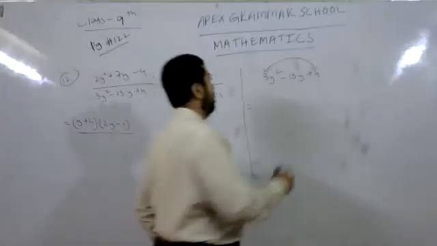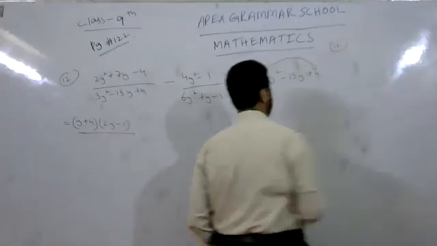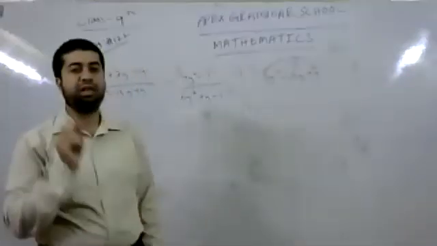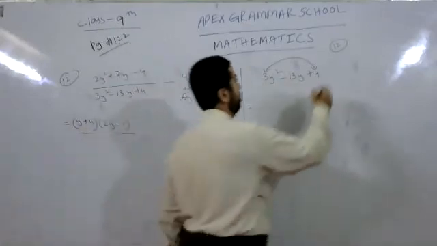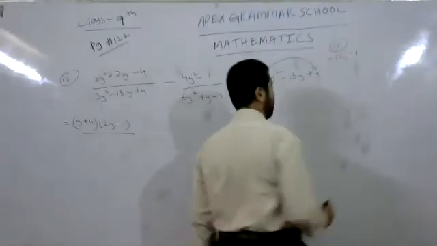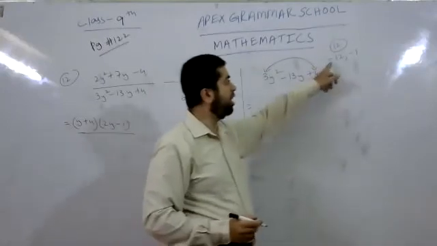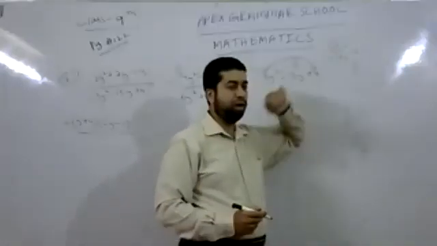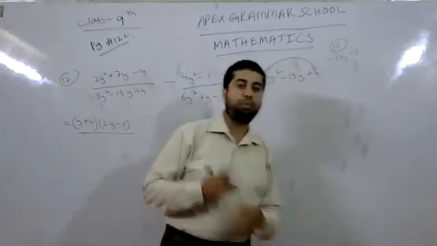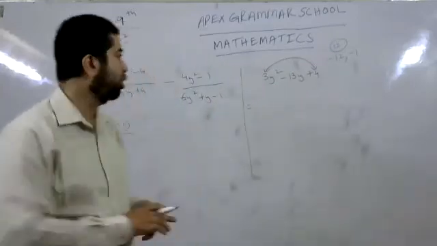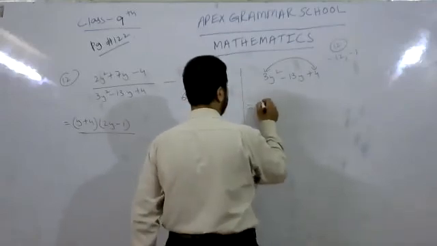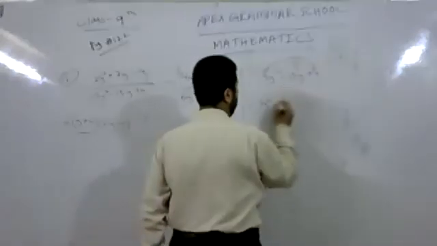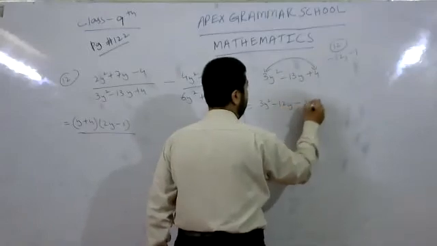You need to find a pair of numbers whose product is positive 12 and whose sum is minus 13. Both numbers are minus 12 and minus 1. Minus 12 multiplied by minus 1 is positive 12, and minus 12 plus minus 1 is minus 13. So you need to split the middle term: 3y square minus 12y then minus 1y plus 4.